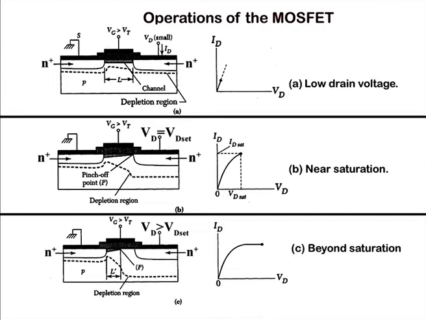Now, if we increase the drain voltage, the current will not increase, it will be constant. Here in figures A, B and C you can see the low drain voltage, near saturation and beyond saturation. Beyond saturation our depletion region is very large, and it is suppressing our channel.